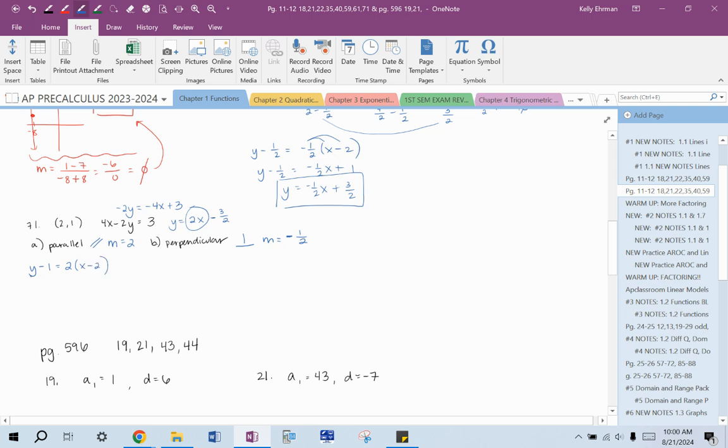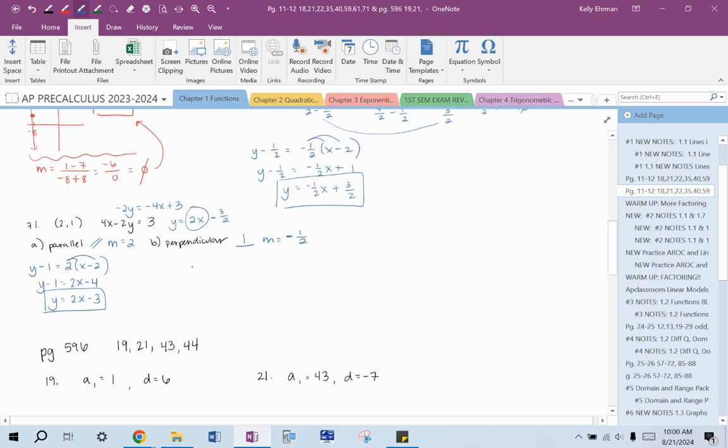To get this into slope-intercept form, we distribute. And we add 1 to the right side. So here's my slope-intercept form of a line that's parallel to this one, but passes through this point.